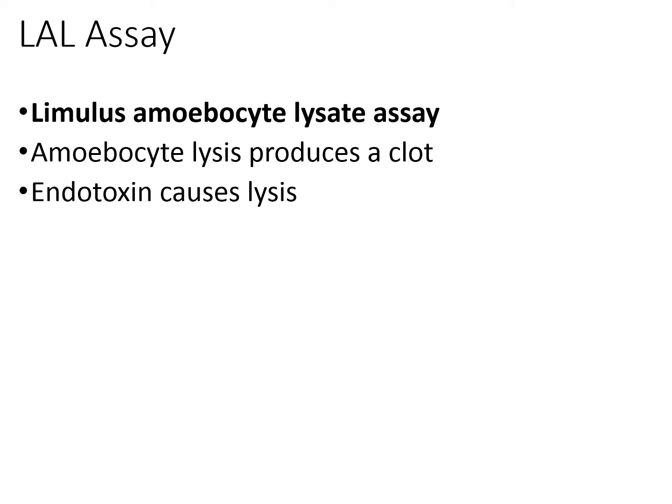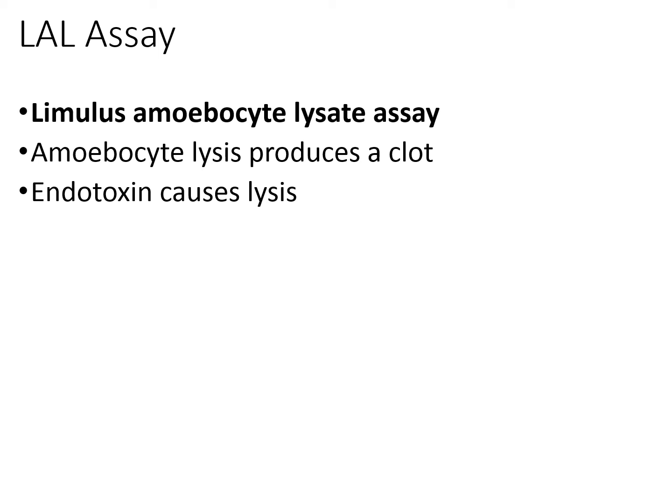Now, when amoebocytes, these white blood cells, come in contact with endotoxin, it causes the amoebocytes to actually lyse or break open, and that produces a clot. So what this means is we can take a little bit of the drug that was produced in a gram-negative bacterium and then purified. We can expose it to these amoebocytes and look for their lysis and the production of a clot.